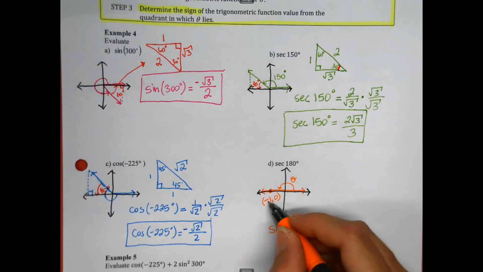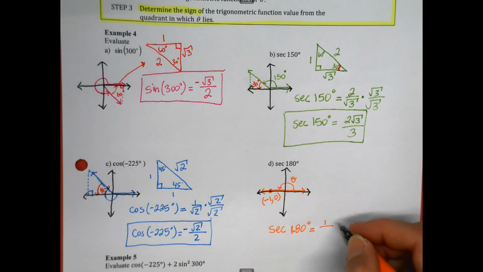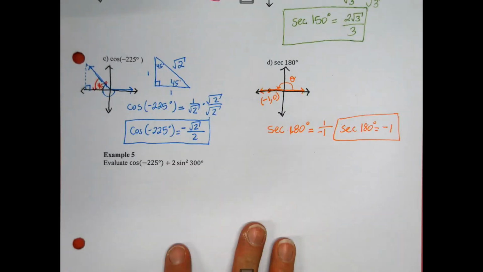Our r here is 1. Secant is related to cosine, so it is r over x. X is negative 1. So the secant of 180 degrees is equivalent to negative 1.